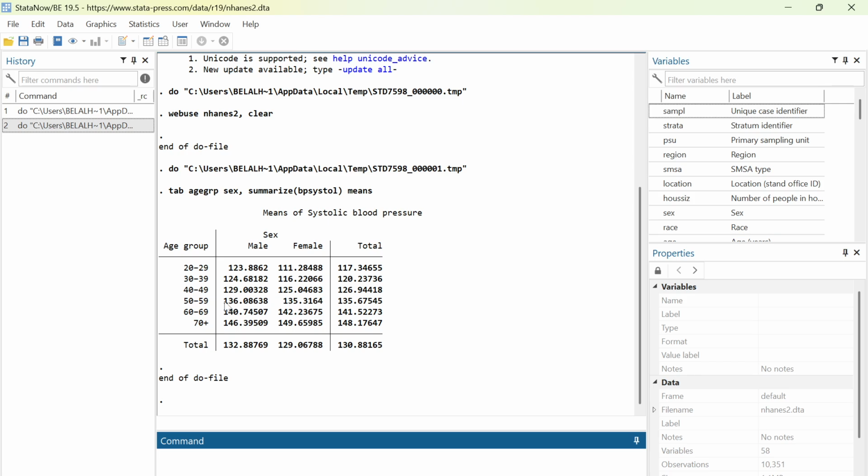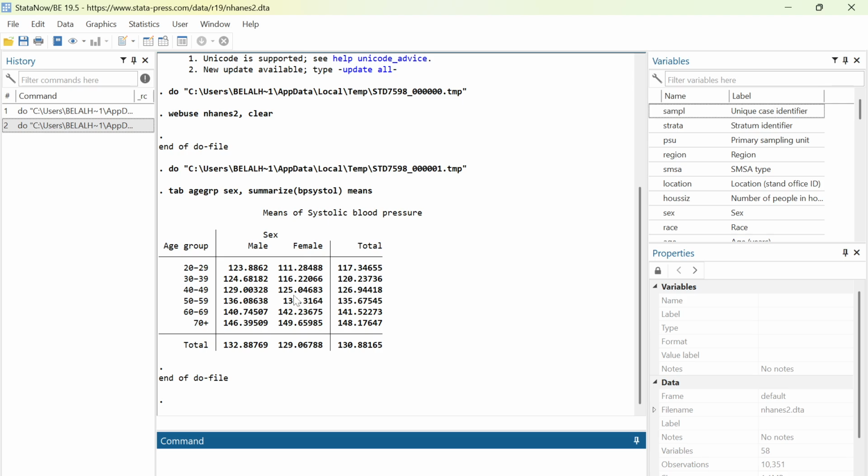In 50 to 59, 136 for male and 135 for female, it's even closer, almost similar. Then 60 to 69, 140 for male and 142 for female. Now female has even higher mean systolic blood pressure. And 70 plus, same, 146 and 149.